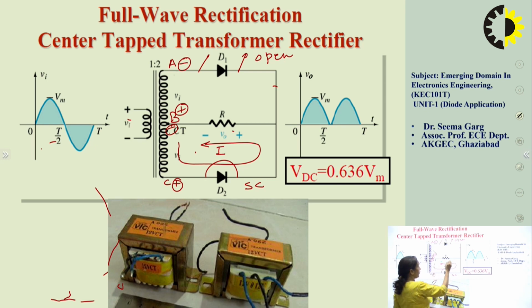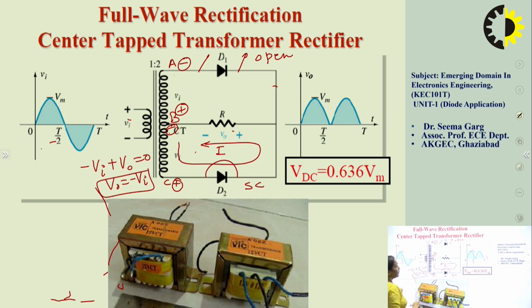If your current is flowing like this, then we can see that the output voltage will be, minus Vi plus V0 is equal to 0. So V0 is equal to Vi.